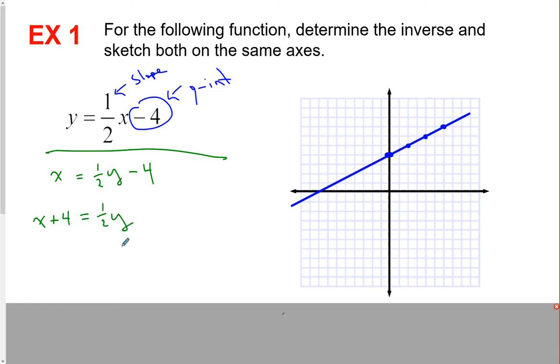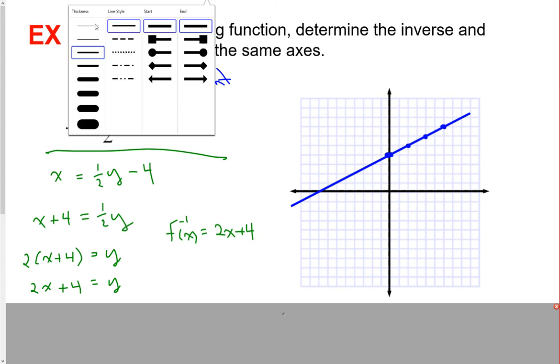Now let's multiply both sides by 2 to get rid of that half. Now I could multiply that through the brackets, right? I could end up with 2x plus 4. So that's going to be my inverse function. So I'll say the inverse is 2x plus 4.